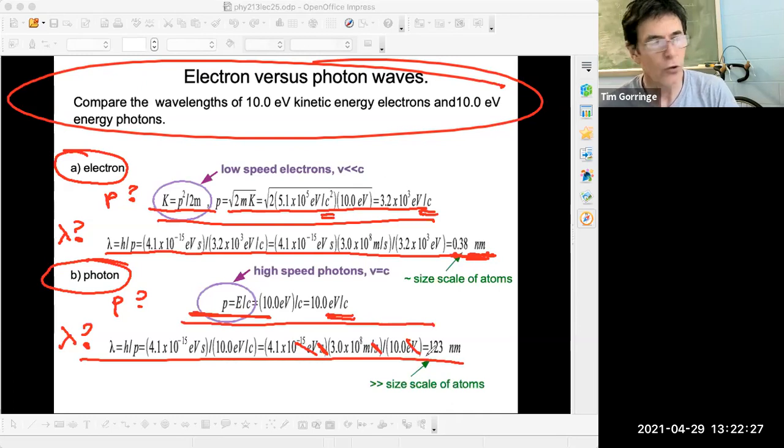The photon is relativistic; it's moving at the speed of light. And although their energies are the same, their corresponding wavelengths are very different, by a scale of order 1,000.